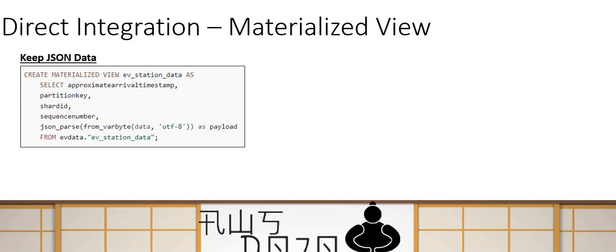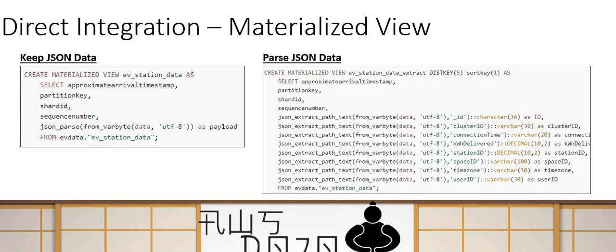But there is another way you can create the view, where you do the parsing when you're creating the materialized view. Everything remains the same, but you can actually parse your data right here. Instead of having one payload column where your data is one big JSON document, you can do the parsing of the data.